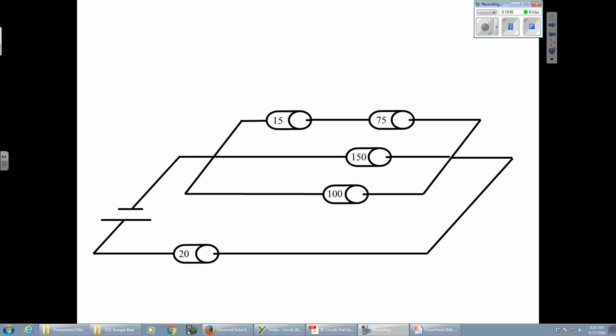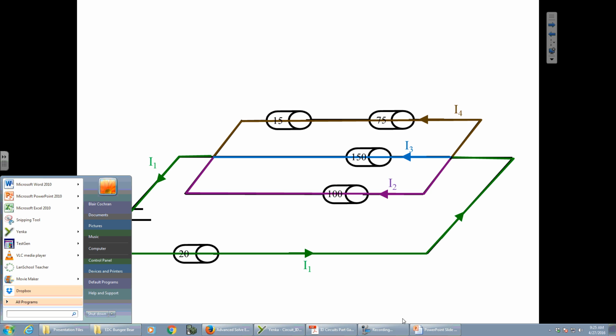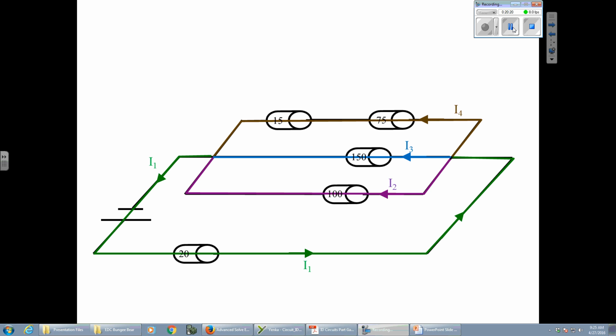So most people said they came up with 4. I came up with 4. I labeled them like that. How many junctions? What do you say, Justin? 2 junctions. Yep. There's one here and one here.